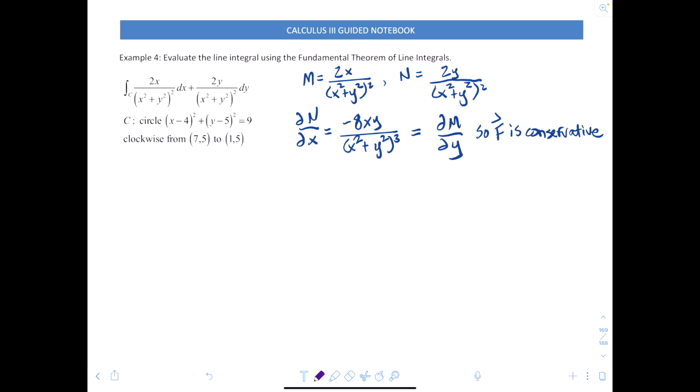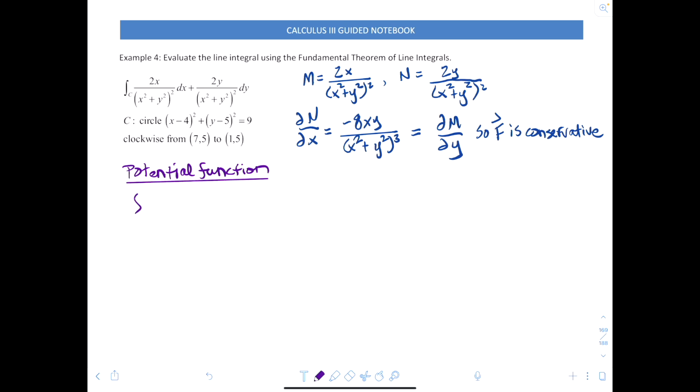Well, we have to find our potential function, right? So the first part was checking conditions. Now we're doing the potential function. Let's see what we get.